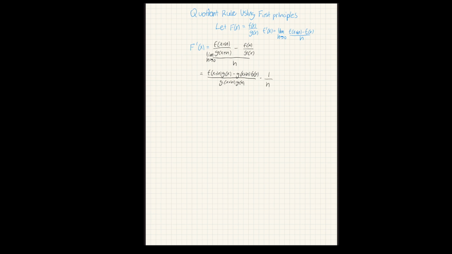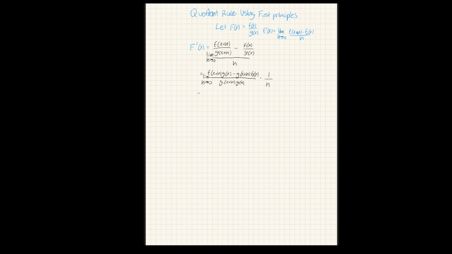And then what we want to do from here is switch the denominators, which we can do since it's multiplication. So we're going to do, I'm forgetting to write the limit sign. So as the limit h tends to 0, that's messy, let's fix that.